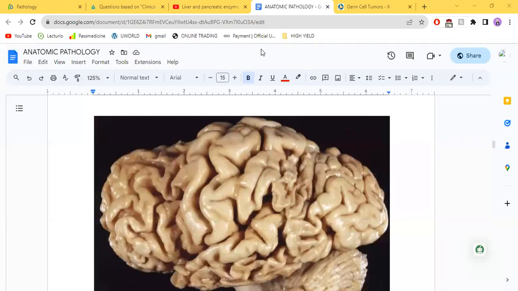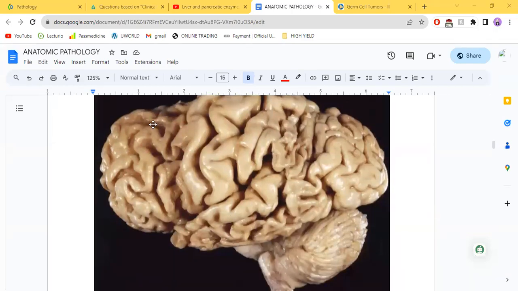There are specific segments or specific lobes of the brain that have been affected by this pathology. Which are the lobes of the brain that have been affected? The narrowed gyri and the widened sulci. We have frontal lobe and temporal lobe. Exactly. So the frontal and temporal lobes.